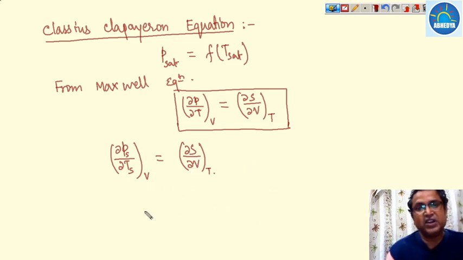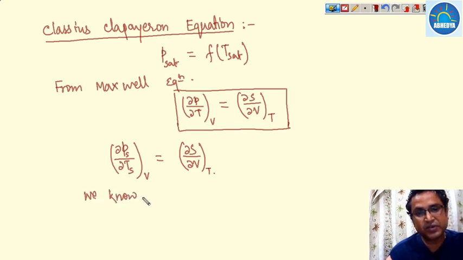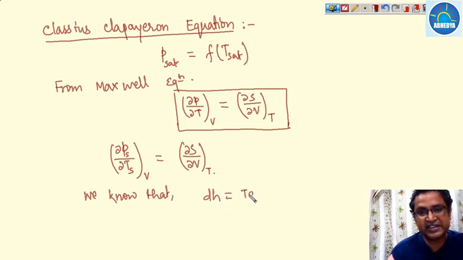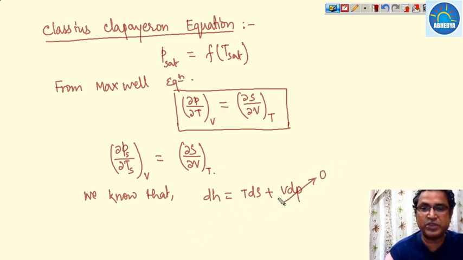Now we know that dH is equal to TdS plus VdP. This is the property relation, and during the phase transfer the pressure remains constant, so dP is equal to 0.